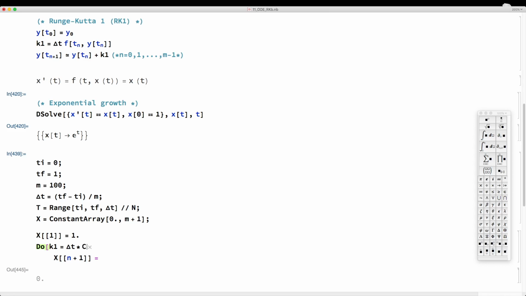So it will be x of tn. So in this case, that means it's xn. And then the next step is to simply add that to xn, like dictated by this formula.